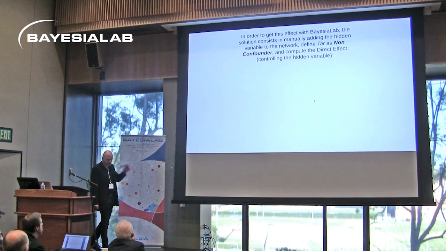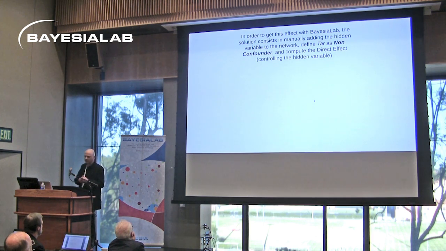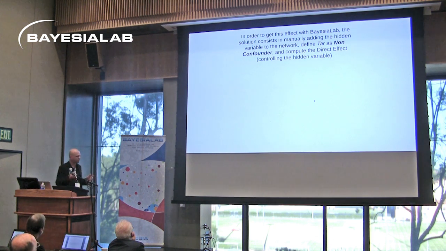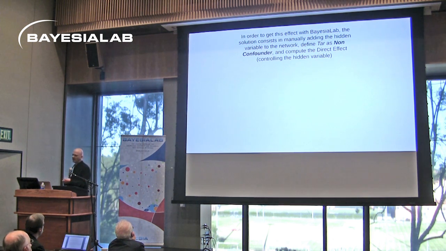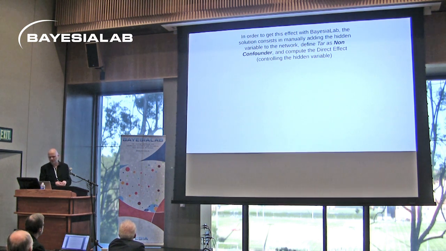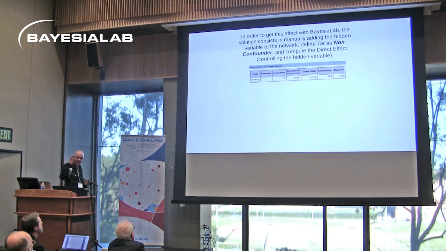So you have to intervene on smoker and then take the conditional of tar given that you are smoking, and then take the marginal of smoker, and so on. So this is not a complicated formula, but it's not so easy either. And so if you want to be able to retrieve this direct effect in BayesiaLab, you have to manually add the hidden node in the network.